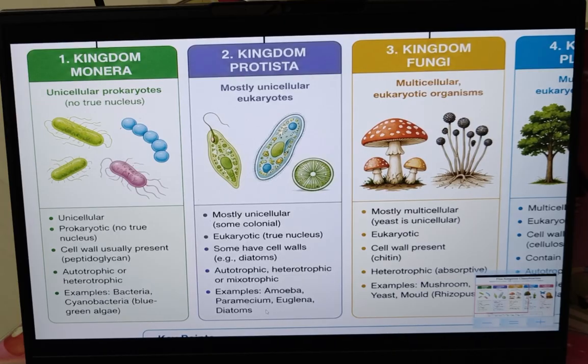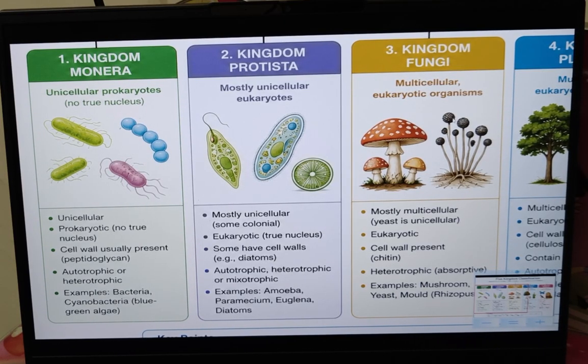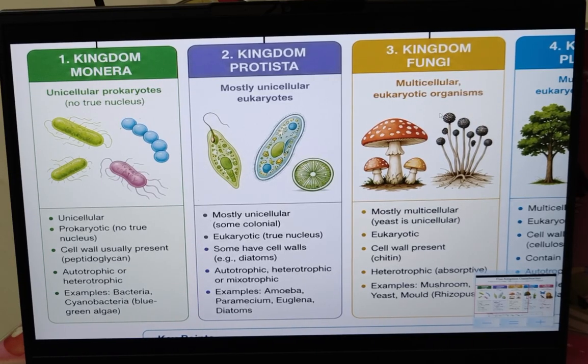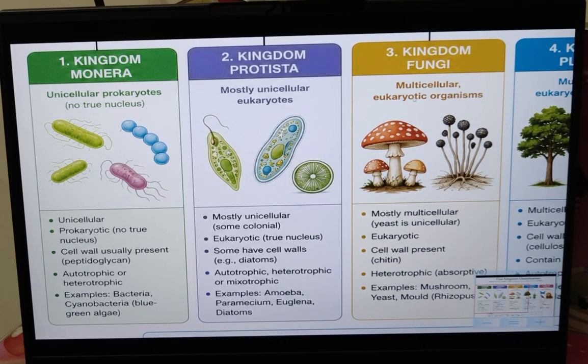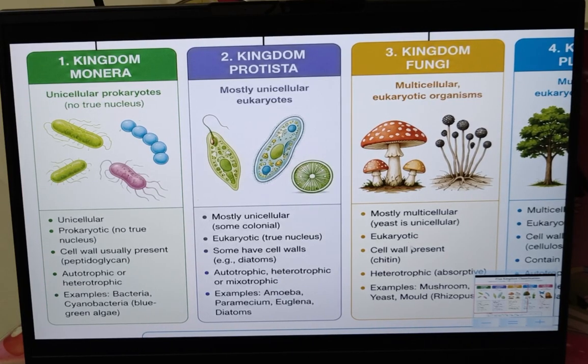Then examples: amoeba, paramecium, euglena, diatoms. Coming to the third kingdom, kingdom Fungi. Fungi are basically multicellular eukaryotic organisms. You know what eukaryotes are, which means they have a proper nucleus. Multicellular meaning it has different cells to perform each and every function. Mostly multicellular, yeast is unicellular.